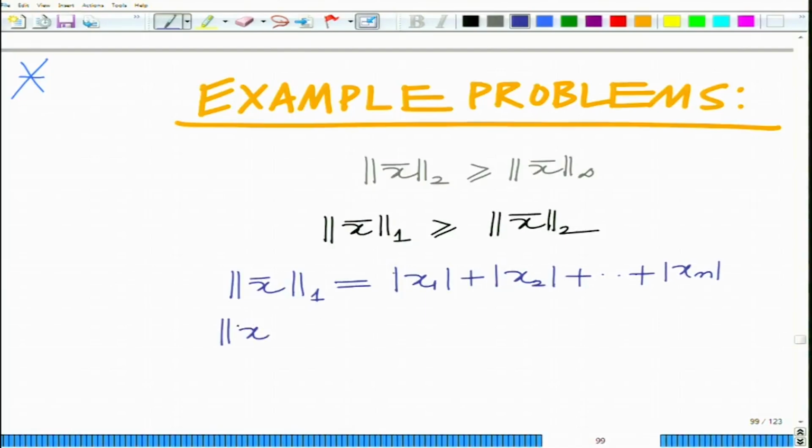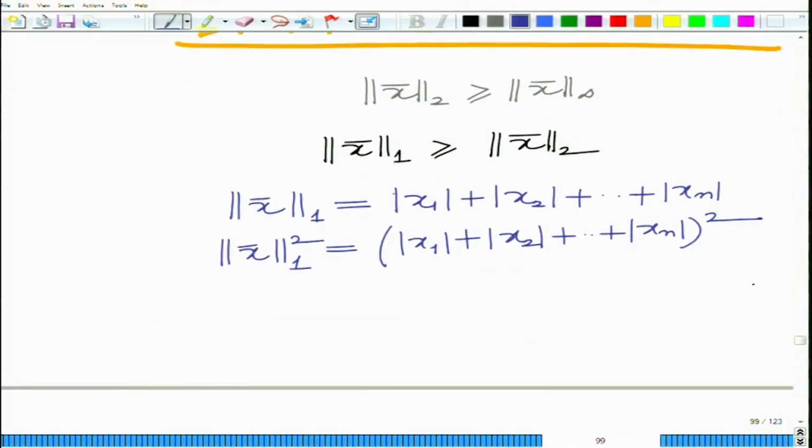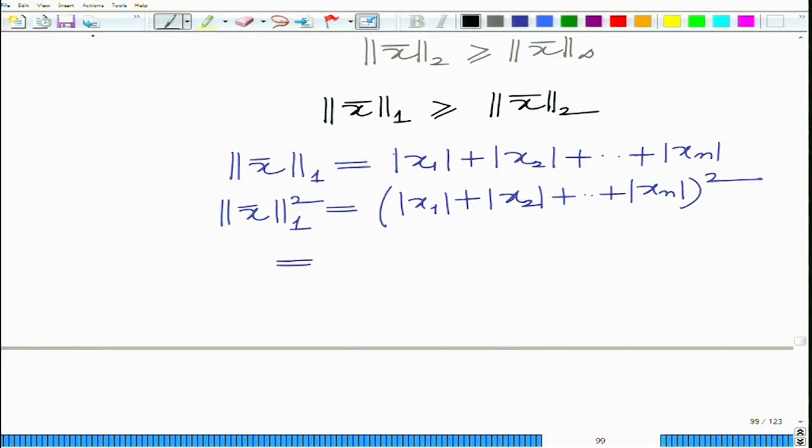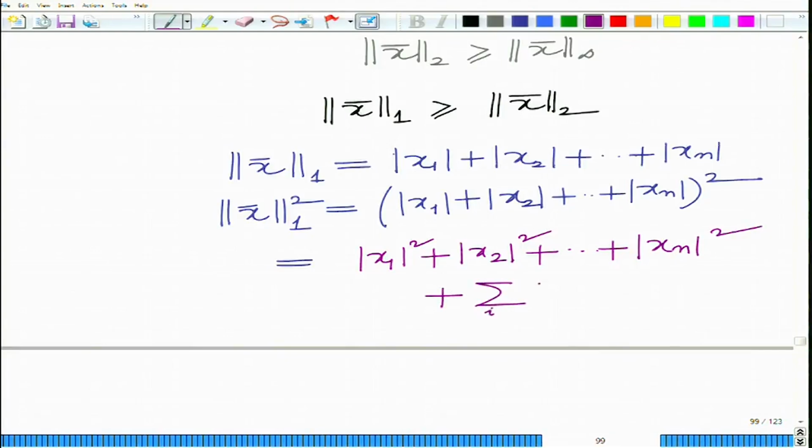If you look at the square of the L1 norm, that is simply magnitude x1 plus magnitude x2 plus magnitude xn, whole square, which you can expand as magnitude x1 square plus magnitude x2 square and so on, magnitude xn square, plus summation over all combinations of i, j, the product magnitude xi into magnitude xj.